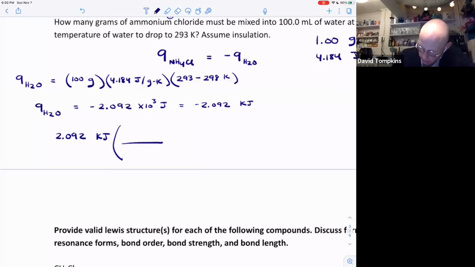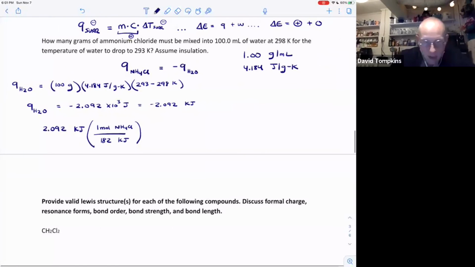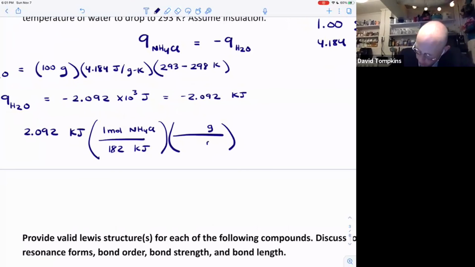So we know that for 1 mole of ammonium chloride, that's going to require 182 kilojoules. I put kilojoules on the bottom to cancel. Now we have moles, right? And then from there, we can convert from moles to grams.